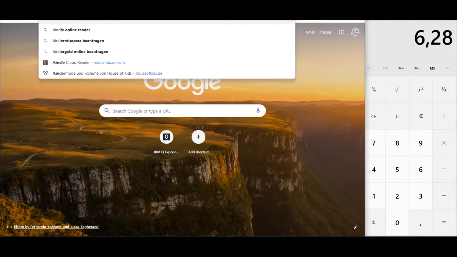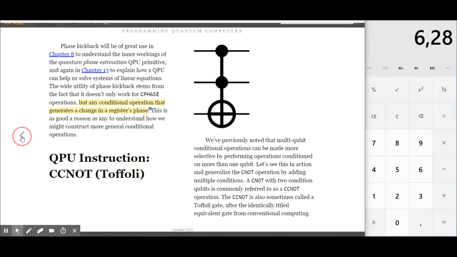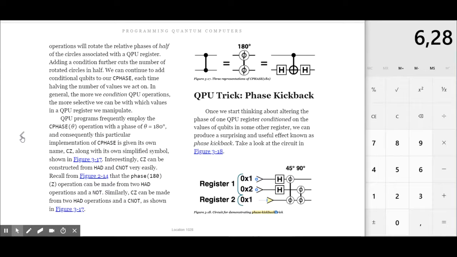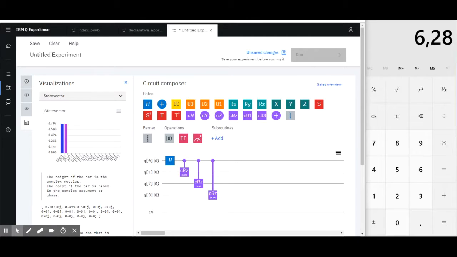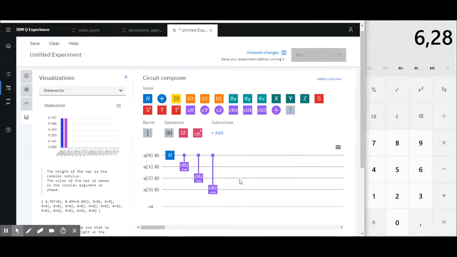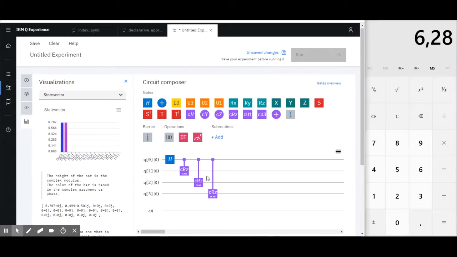Because if I check in here, that's the way. So I think this was here. Phase kickback. Register 1, exactly. That had to be 1 for this to work. So that was my idea, but it doesn't seem to work as expected.